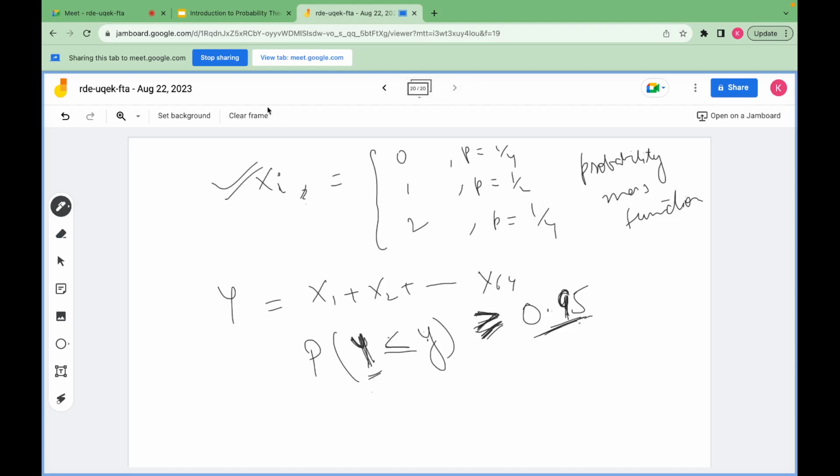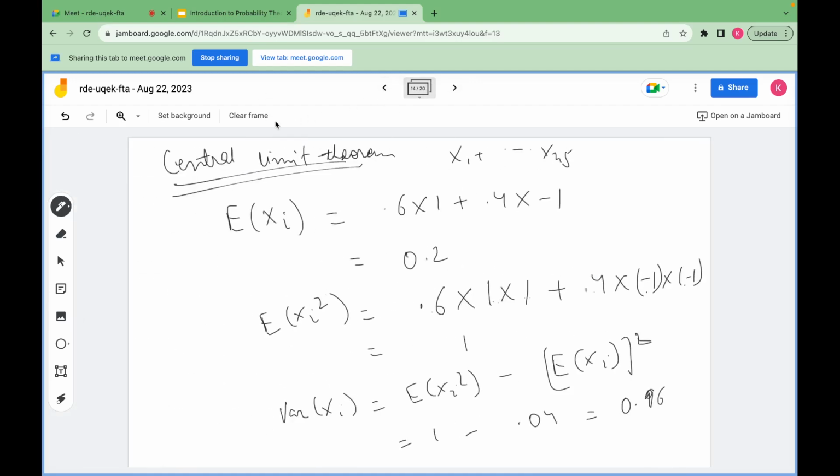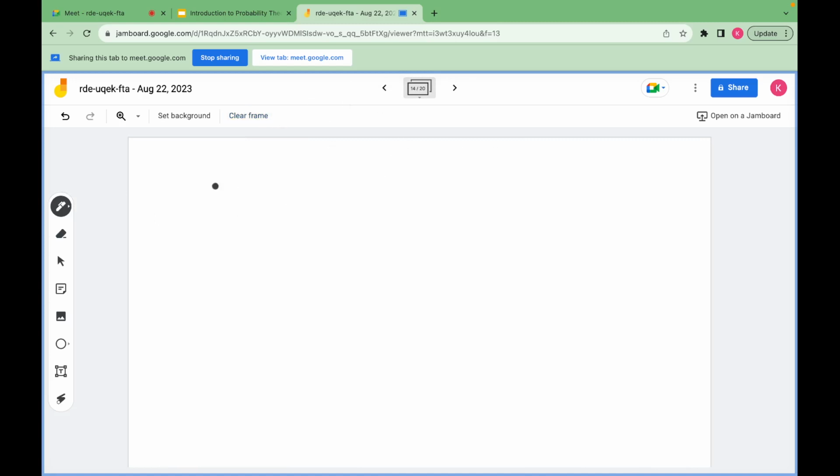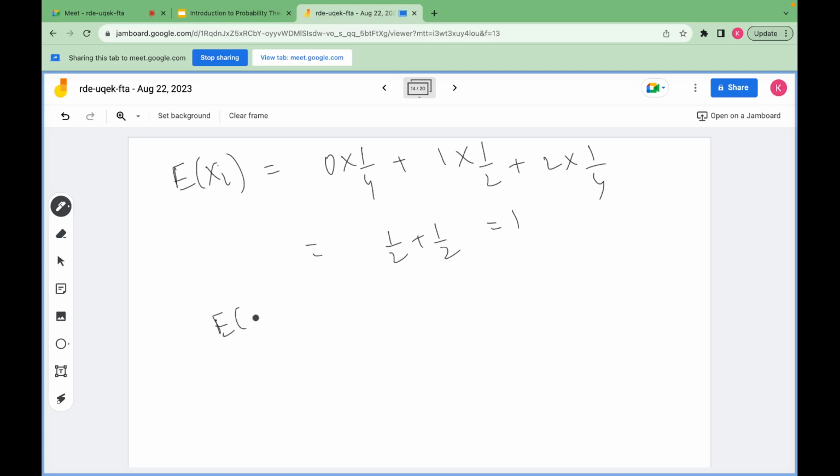So now, first we will find the expectation of xi. So this will be 0 into 1 by 4 plus 1 into 1 by 2 plus 2 into 1 by 4. This is 1 by 2 plus 1 by 2, which is equal to 1. Similarly, we will find the second moment, which is 0 square into 1 by 4 plus 1 square into 1 by 2 plus 2 square into 1 by 4.